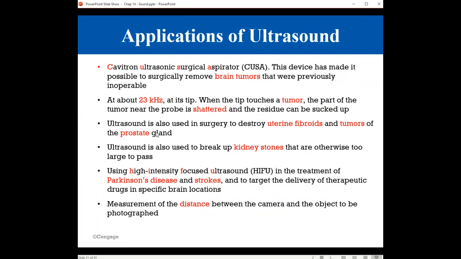There are other similar applications for ultrasound in surgery, to destroy uterine fibroids and also tumors of the prostate gland. Ultrasound waves are also used to break up kidney stones that are otherwise too large to pass.